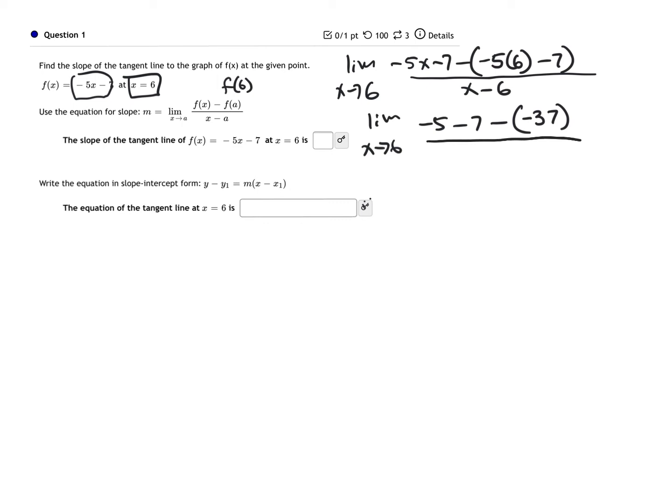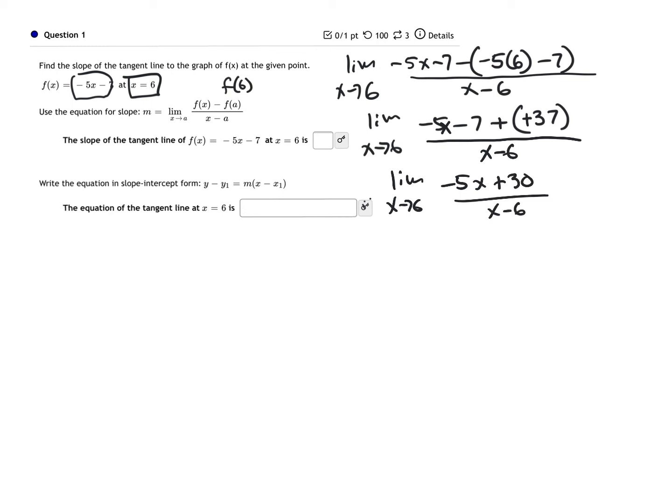So next I'm going to go ahead and simplify. So we have the limit as x approaches 6 of negative 5x. Now, this becomes adding the opposite here, so that would be negative 7 plus 37, which is going to give me a plus 30 over x minus 6.